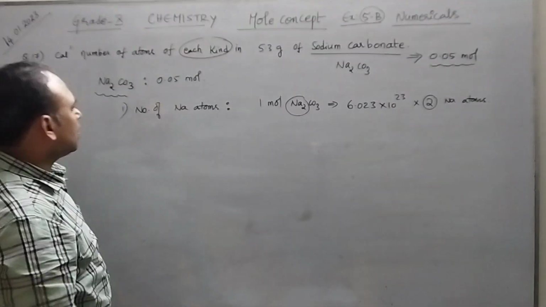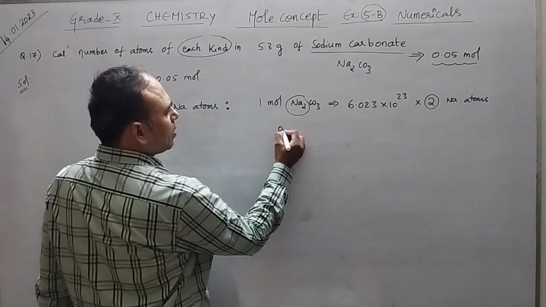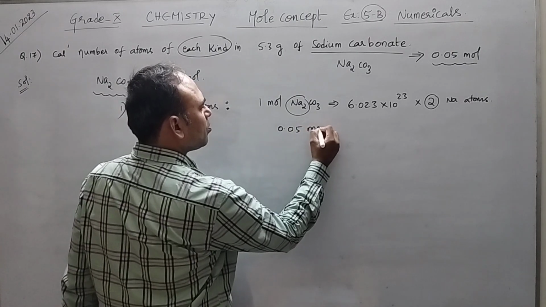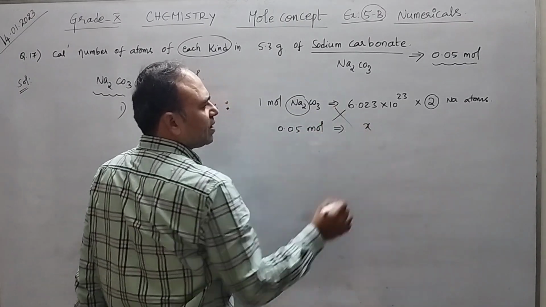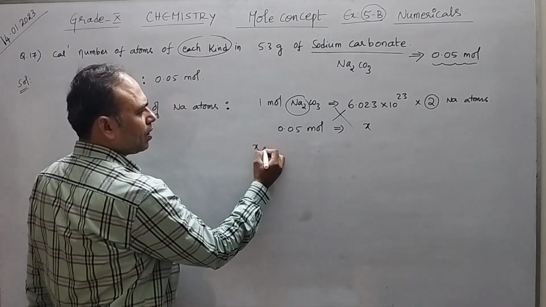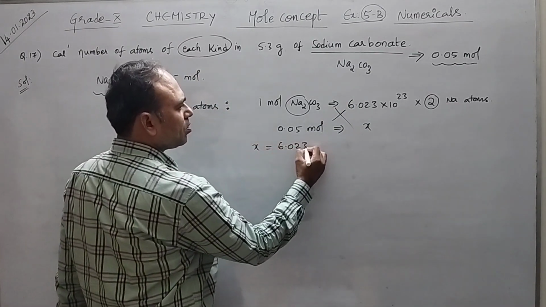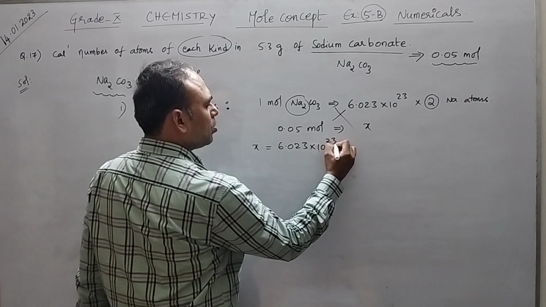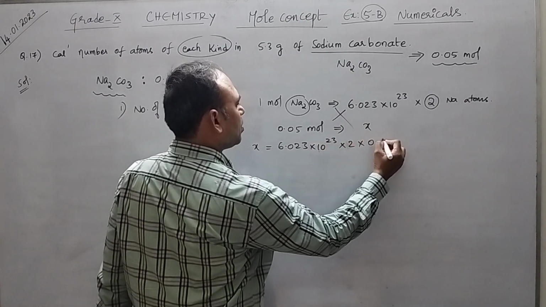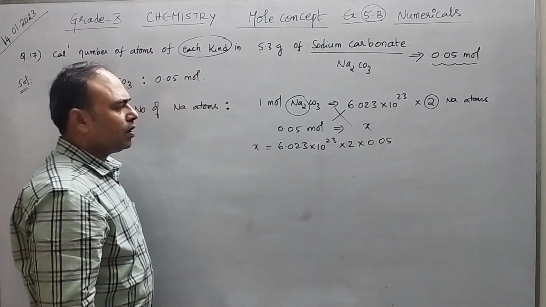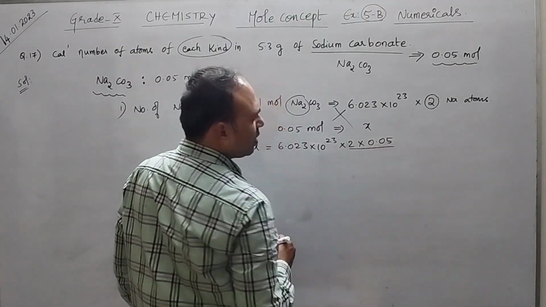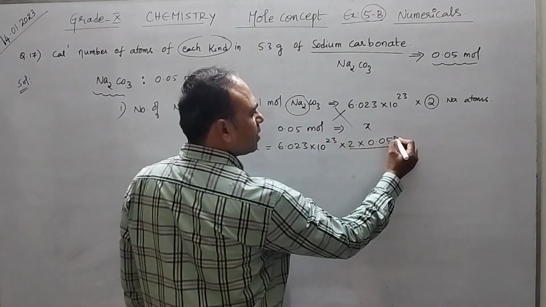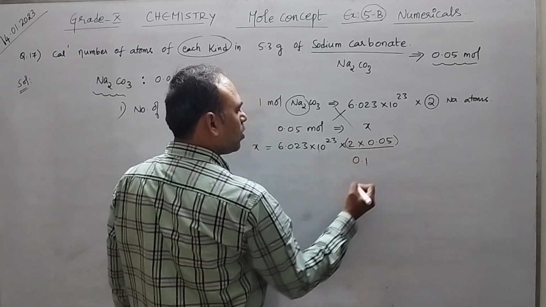Fine. Now for 0.05 mole of sodium carbonate, how many are there? Take it as X, cross multiply. X is equal to 6.023 into 10 to the power of 23 into 2 into 0.05. Hope you are able to follow this. If you multiply, you will get 0.1.